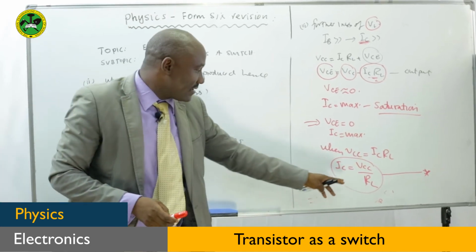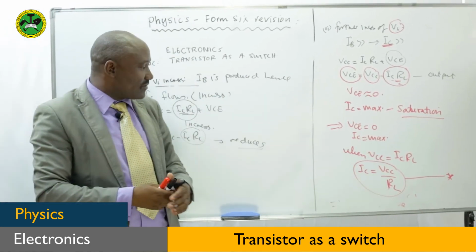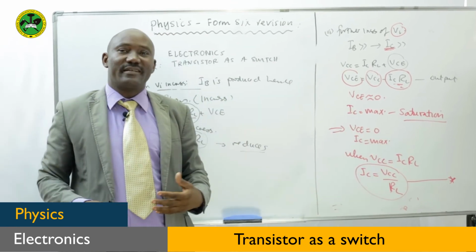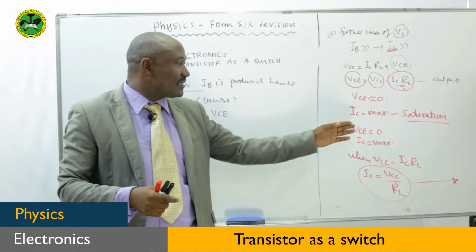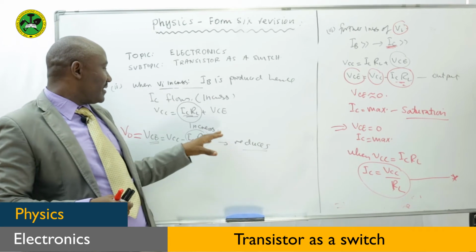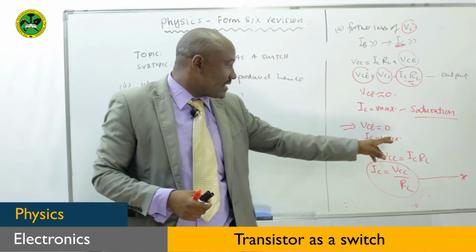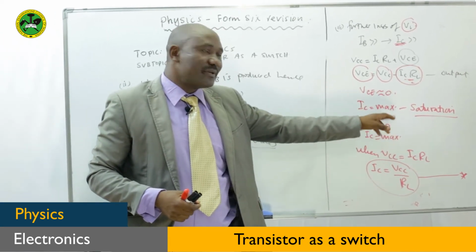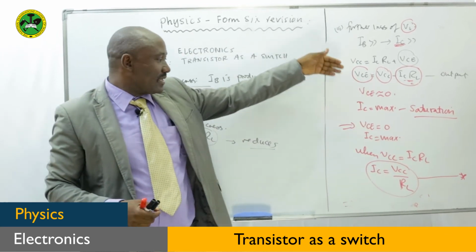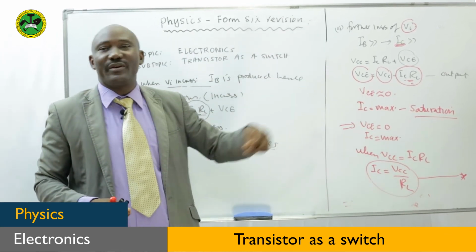So here you can see the transistor can be found in a saturated state, or it can be found in the cutoff state. In this case, VCE is 0, which means the transistor is behaving as if it has very low resistance.